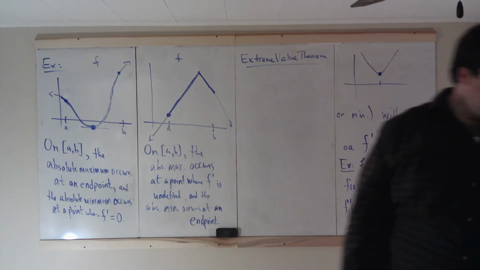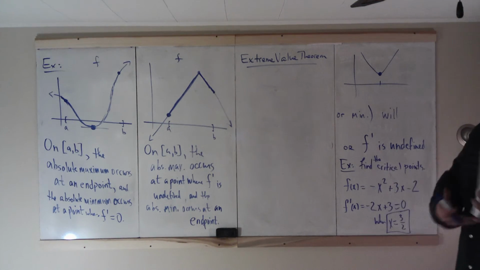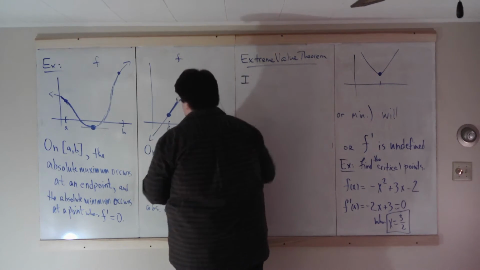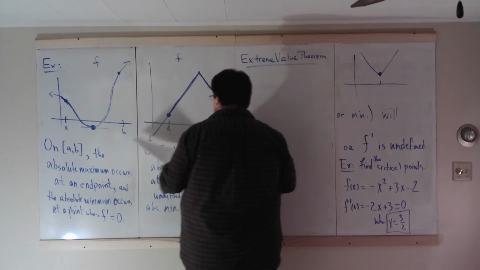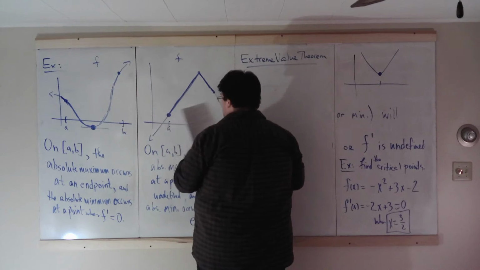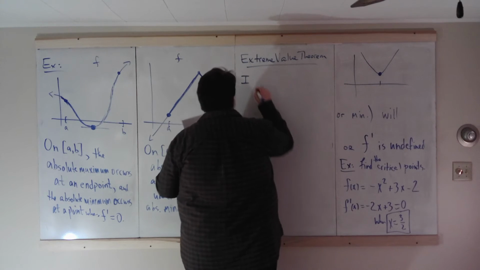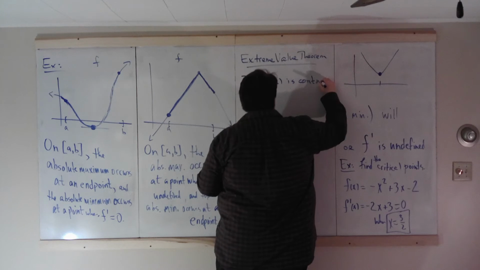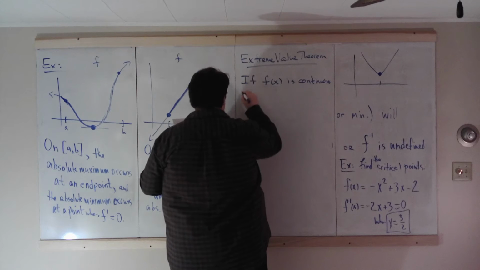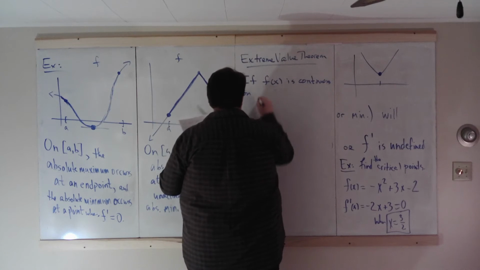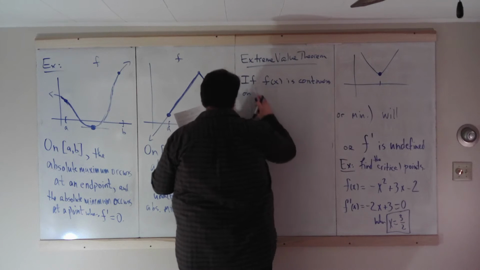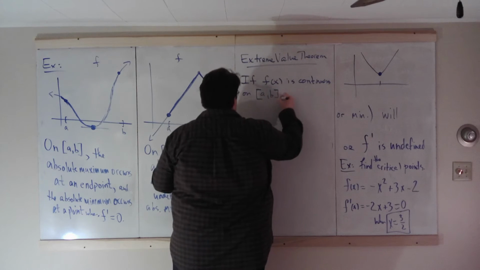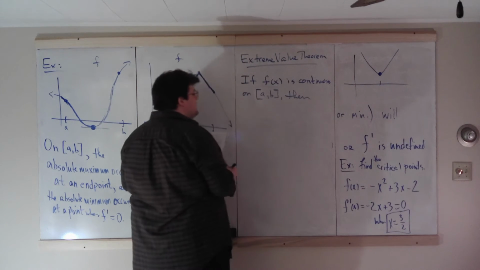But let's now state the extreme value theorem with all of this in mind, because I haven't stated anything about it yet, although I hinted at the result by using the word the. If f of x is continuous on A to B, then all we need is a continuous function.